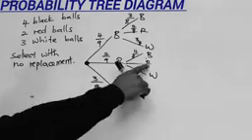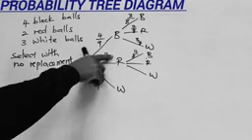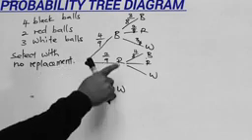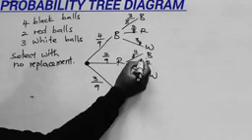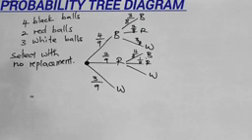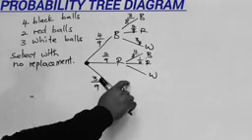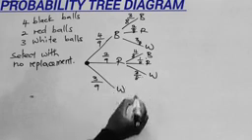Then the probability of picking a red: at the first pick you chose the red ball, so now we are left with 1 red ball, so we have 1 over 8. Then for a white pick, we have 3 over 8.